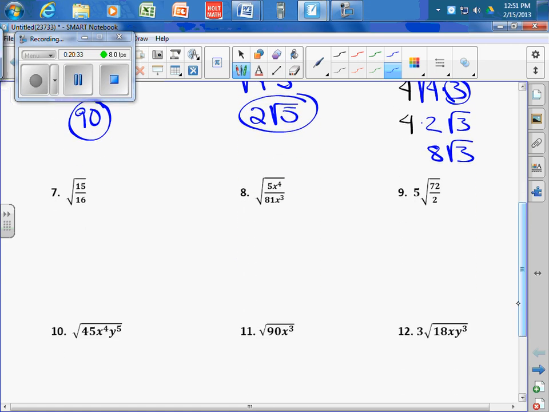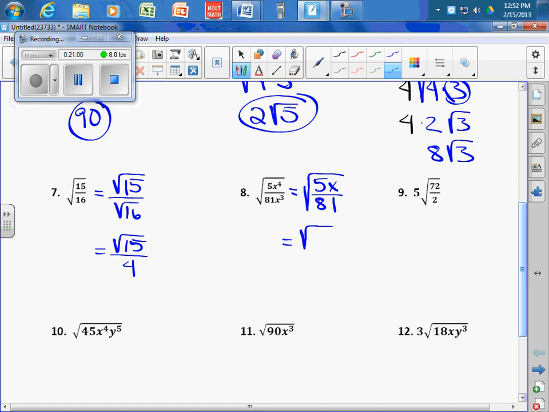Number 7, radical 15 over 16. The 15 sixteenths cannot be reduced, so we break it up. Radical 15 over radical 16, which is radical 15 over 4. In number 8, I cannot reduce the 5 over 81, but I can reduce the x to the 4th over x to the 3rd. So I have 5x over 81.